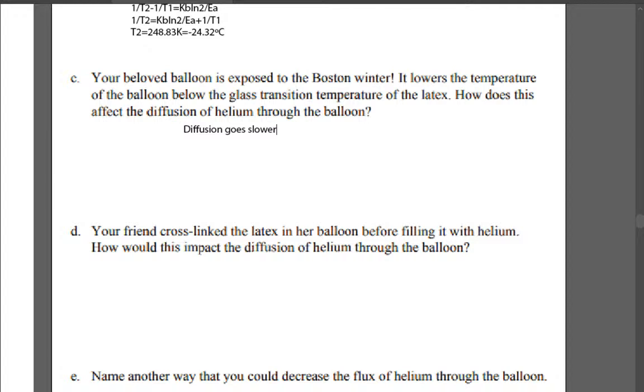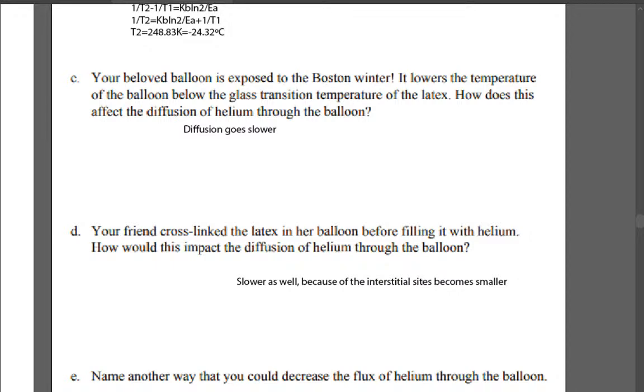And so with that cross-linking, it would be slower as well, because for diffusion, the interstitial sites become smaller. Okay.